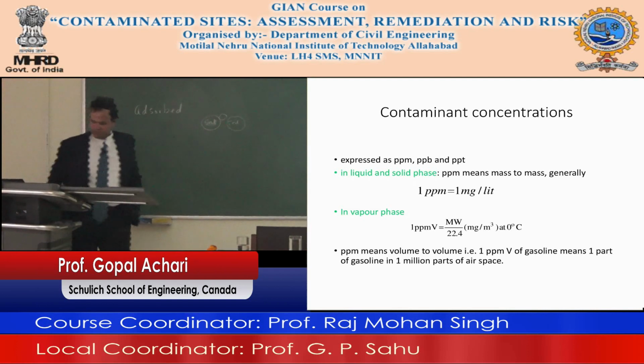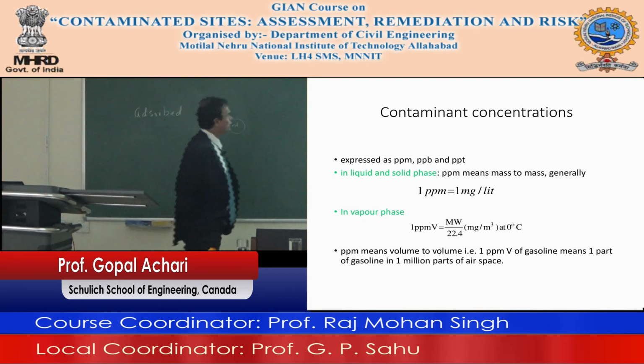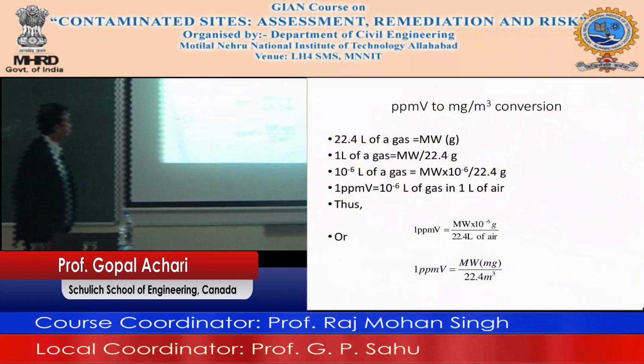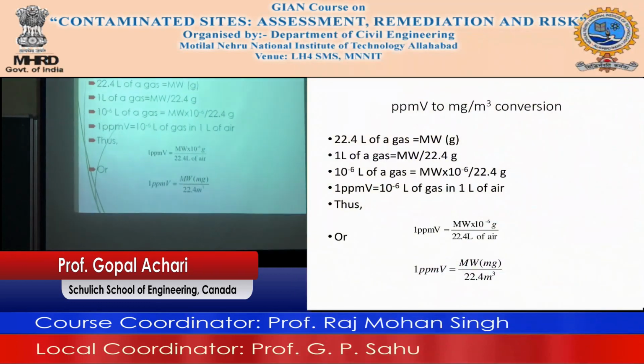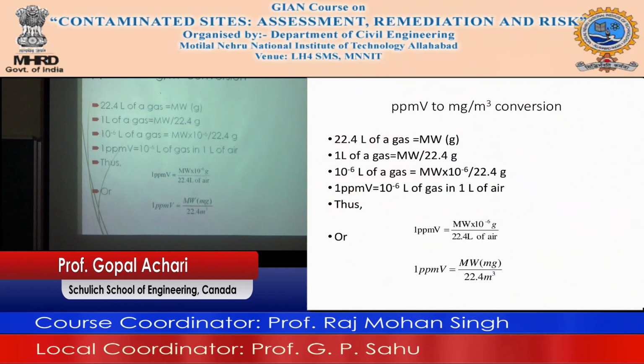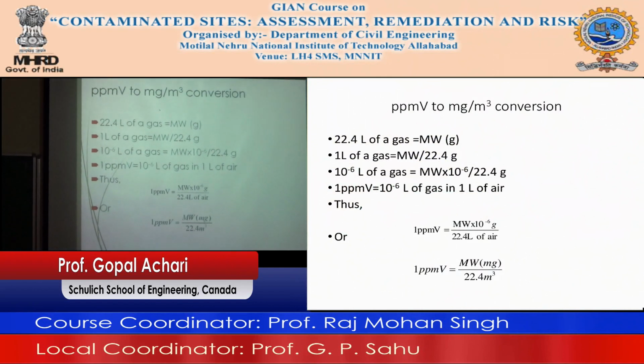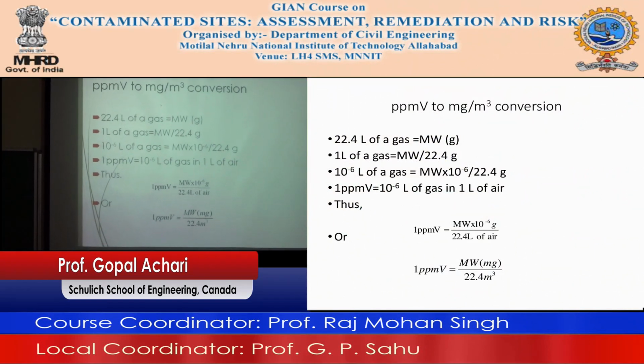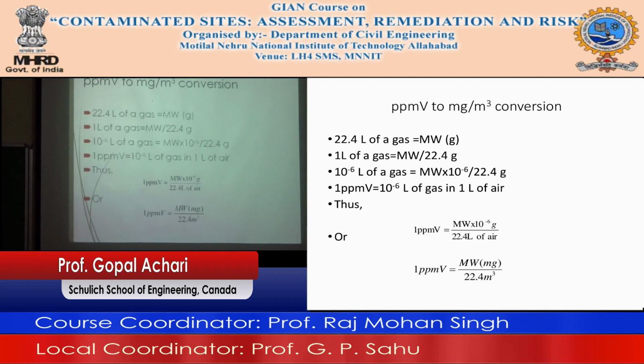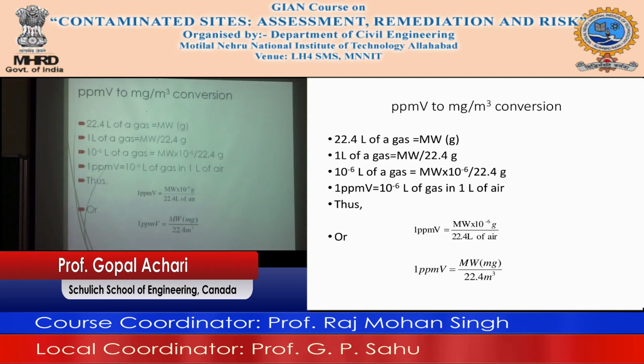Okay, so let me go through this conversion here, ppmv to milligrams per meter cube conversion. You remember your chemistry, 22.4 liters of a gas weighs 1 molecular weight at STP, right? So 1 liter of a gas is molecular weight by 22.4, 10 to the power minus 6 liters of a gas is molecular weight times 10 to the minus 6 by 22.4.